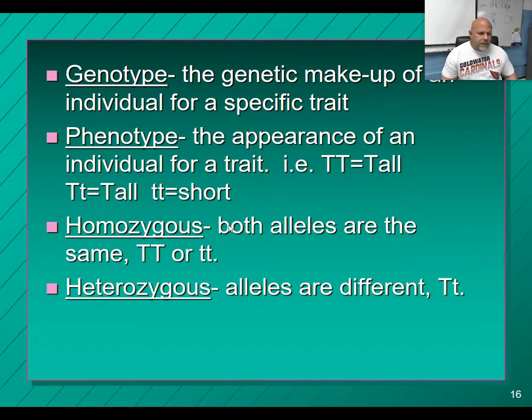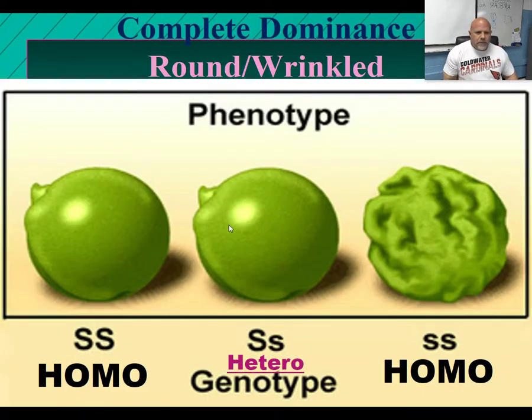Some more terms that we're going to need to know are genotype, phenotype, and homozygous and heterozygous. So a genotype is the actual genes that you have, gene type, and your phenotype is your appearance. So I think pheno-photo. So your phenotype is your appearance.